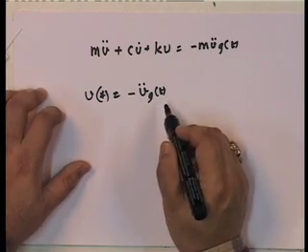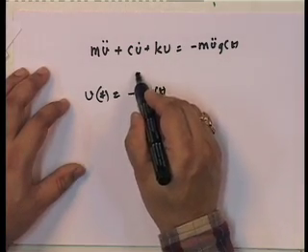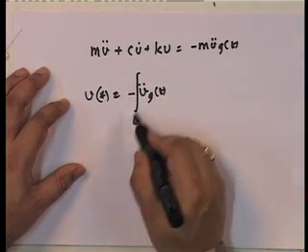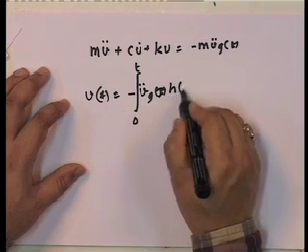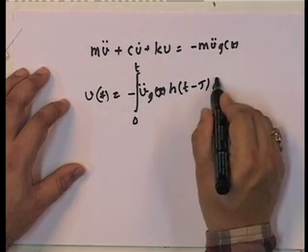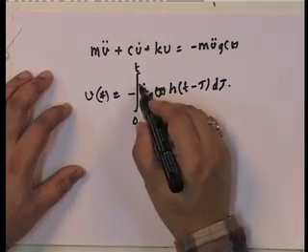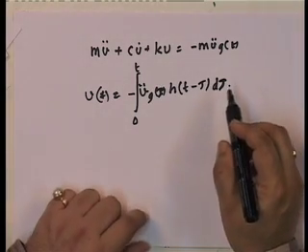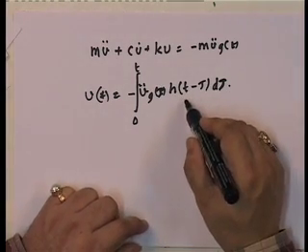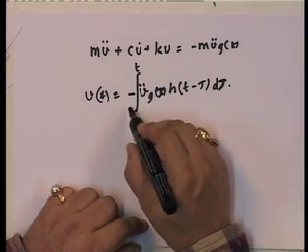You get minus 0 to t v g tau h t minus tau d tau, and the only thing that was there was that this was the unit impulse response function, and it was 1 upon m omega.